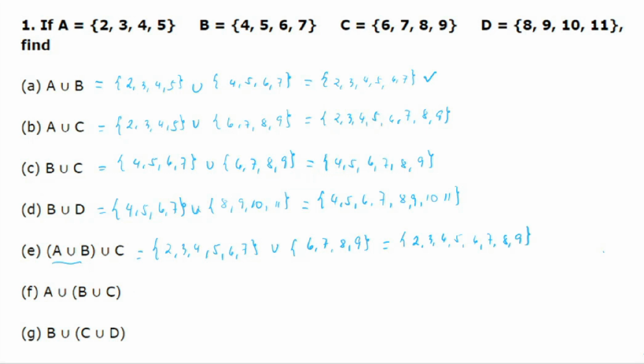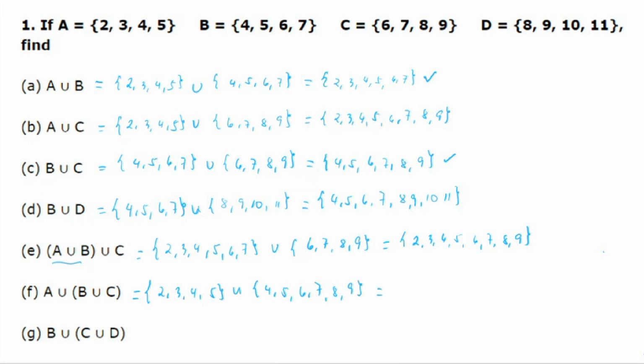And for letter F, we have A union the quantity of B union C. Let's write first the set A. A is 2, 3, 4, and 5. And for B union C, we have the answer a while ago, so I'll just copy that one. The quantity of B union C has elements 4, 5, 6, 7, 8, 9.